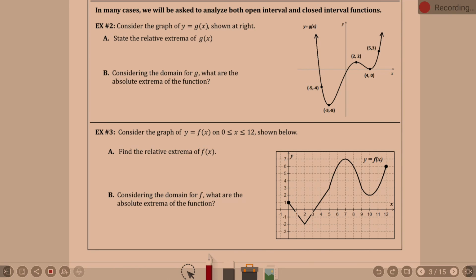Oh, no. 4, 0. Okay, now, hold on, I'm going to state this differently. There is a relative max at g of 2. Well, okay, I'm going to say there's a relative max of 2. And where is that relative max of 2 at? x equals 2.